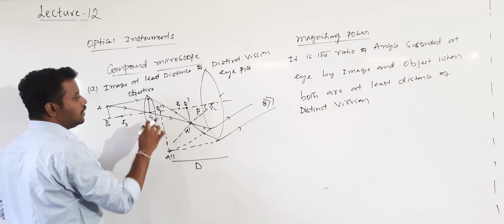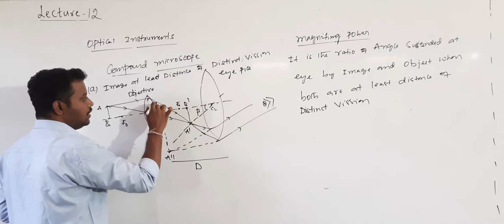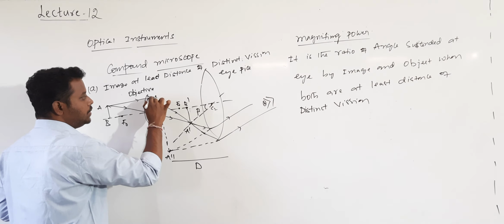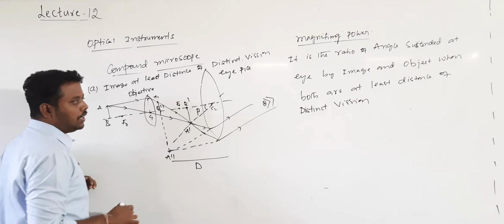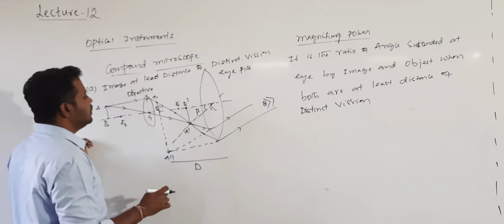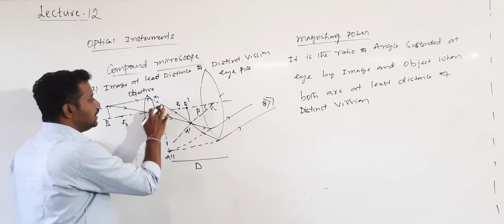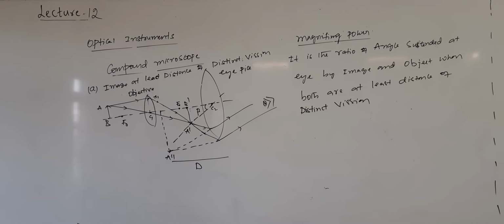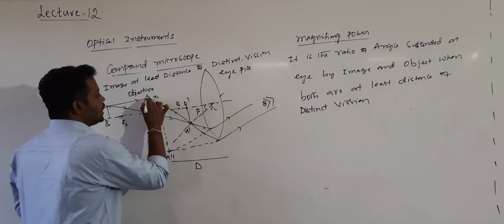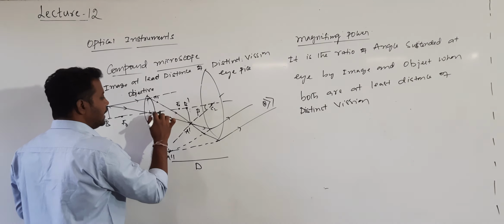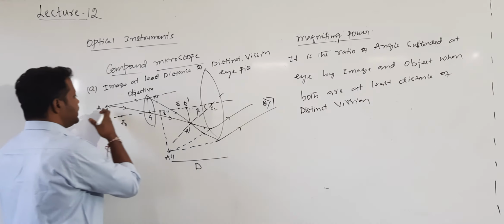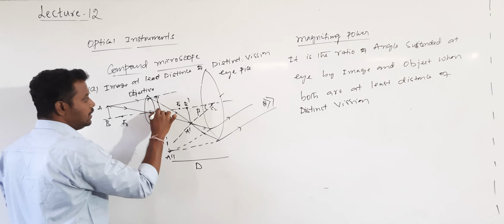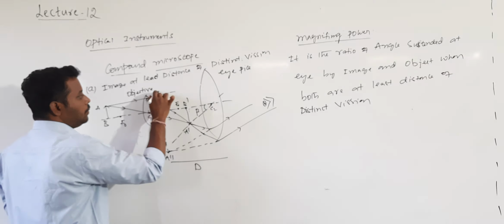This is the object, A1 B double dash. If I extend this AB, if I bring this AB to here, this is the object. So the object name is A1 B double dash.